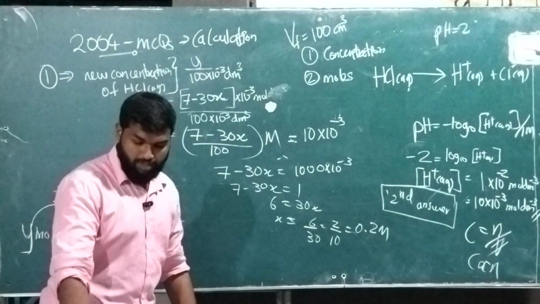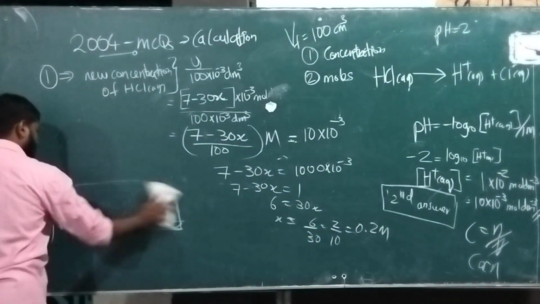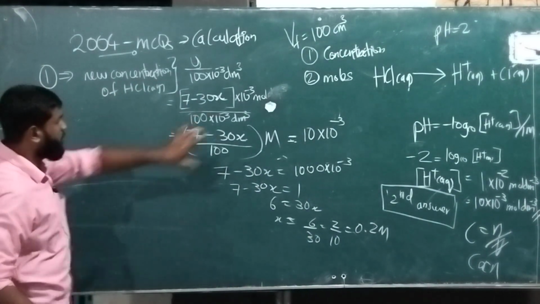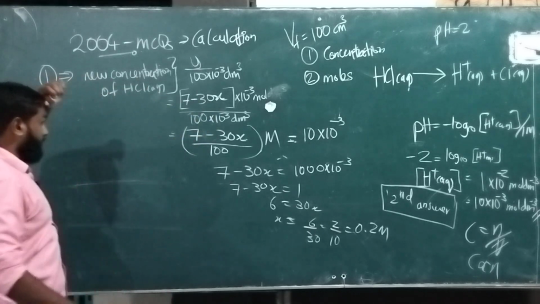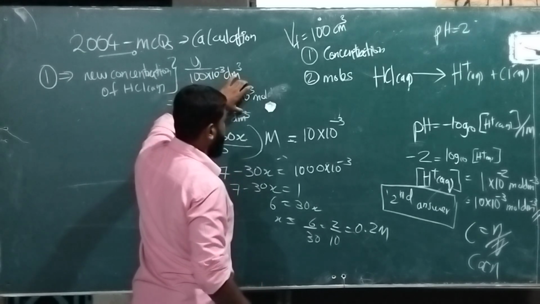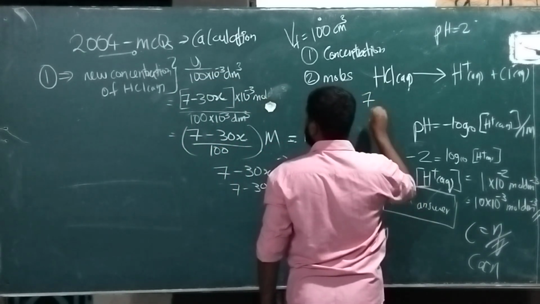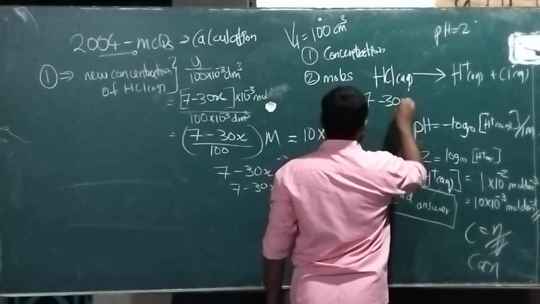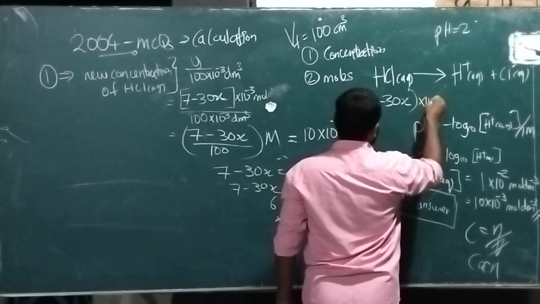As I said, let me do it by the second method also. It's easy. I'll keep the moles. I'll do the same thing here in terms of moles. So we'll get 7 minus 30x into 10 to the power minus 3 moles.